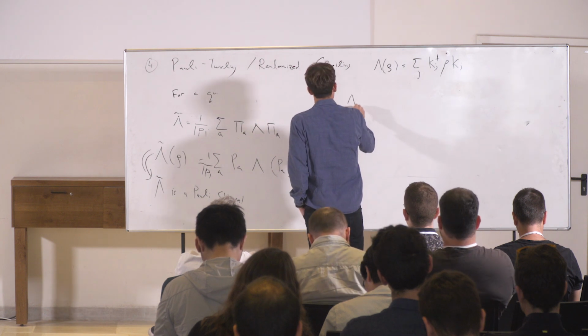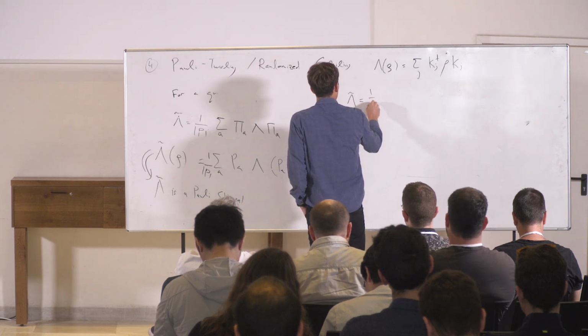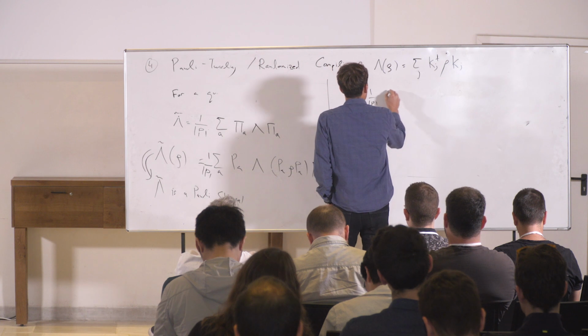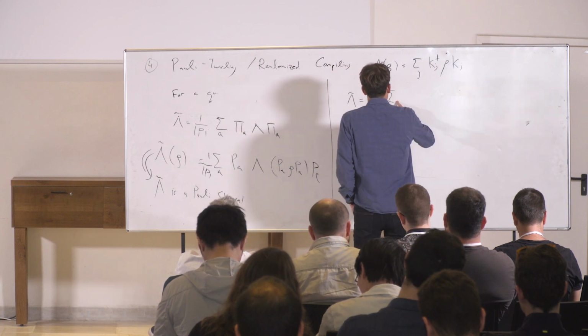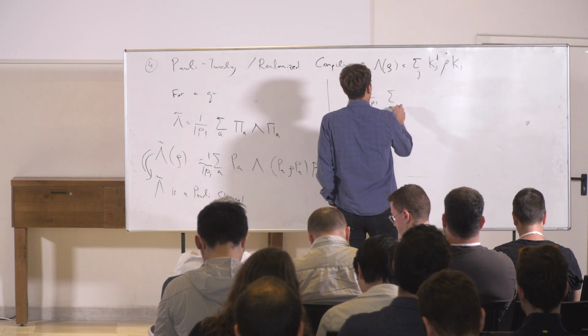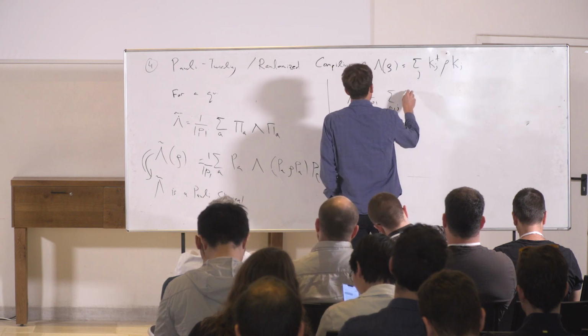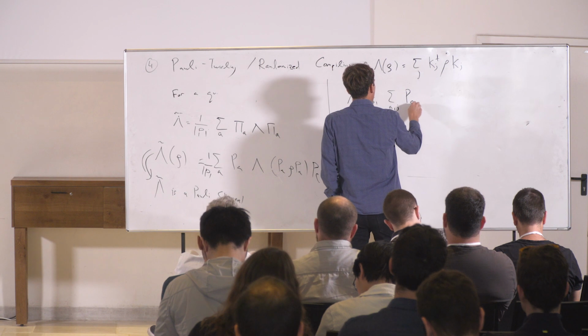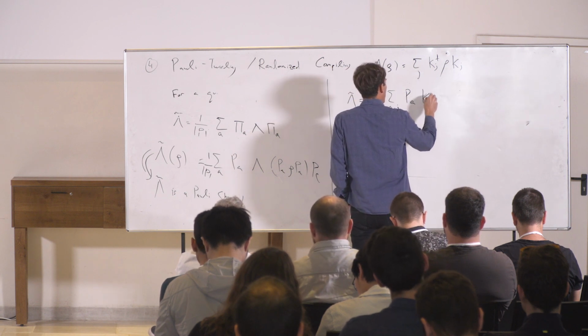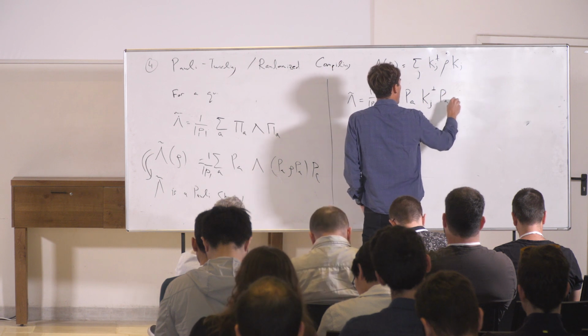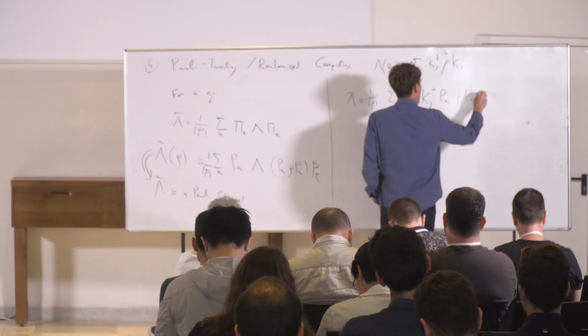So my twirled lambda is a sum over A, J of P_A, K_J, dagger, P_A, rho, P_A.